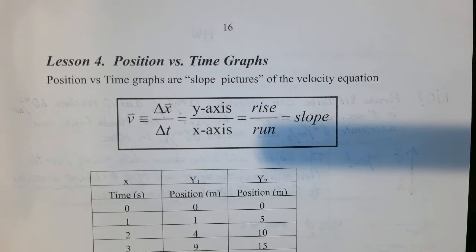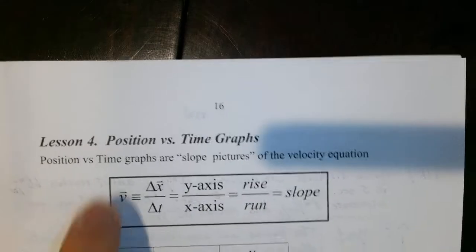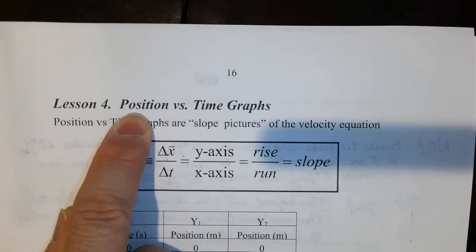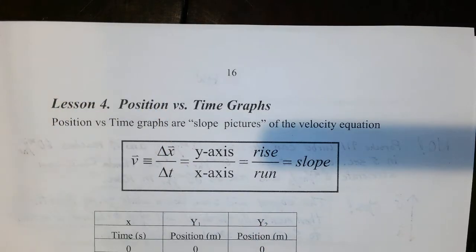When we talk about position versus time graph, I'm going to bring some terms that you should be familiar with since algebra class. When we do position versus time, we will represent position on the vertical axis.